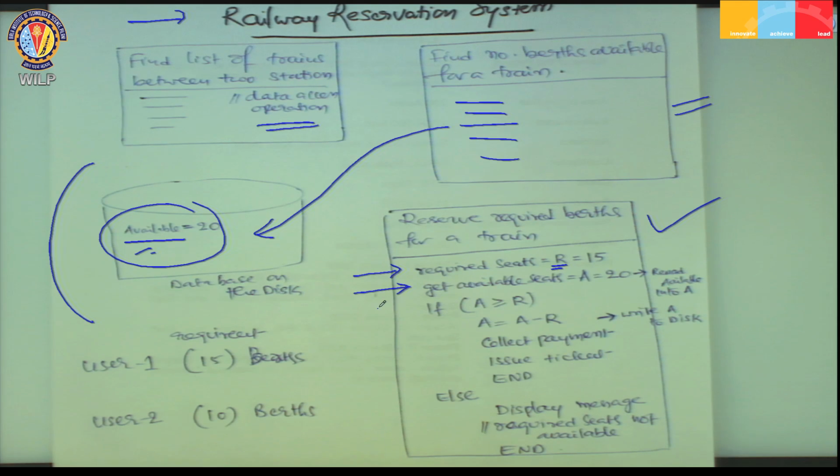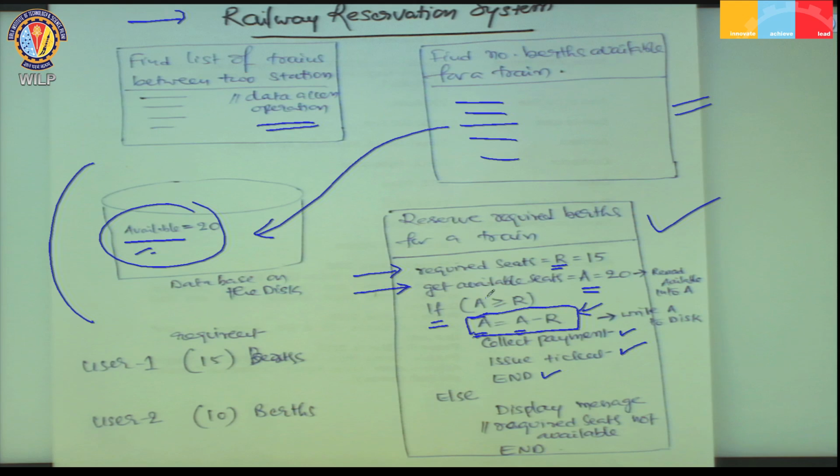Then get the available seats into the local program variable A from the database, and if A, that is available seats, is greater than or equal to R, then he can do reservation, and A is equal to the available seats minus the seats that are being reserved. That means I am trying to modify the data item A, which represents the available seats or berths for the given train. Once this modification is done, collect the money or payment from the user, then issue the ticket, and that ends this functionality.